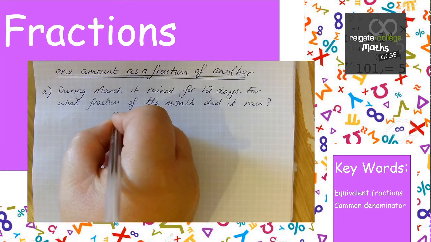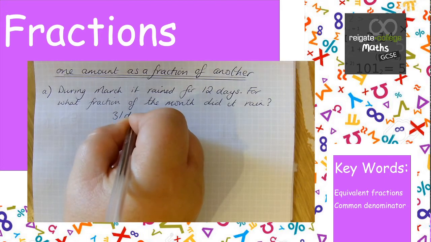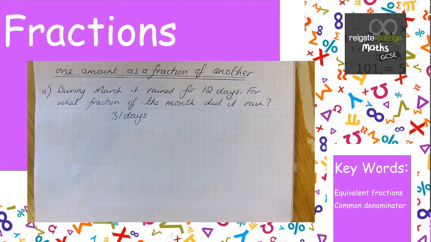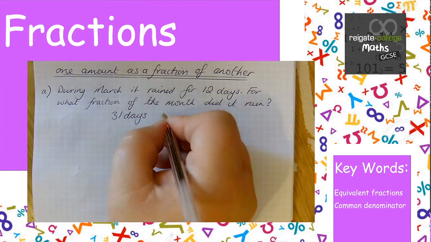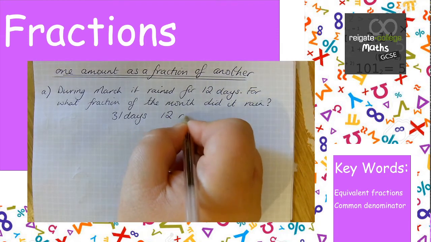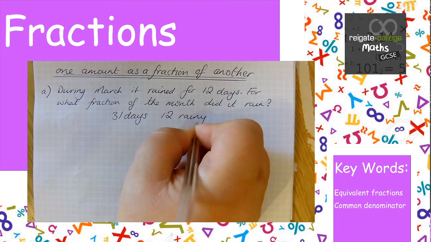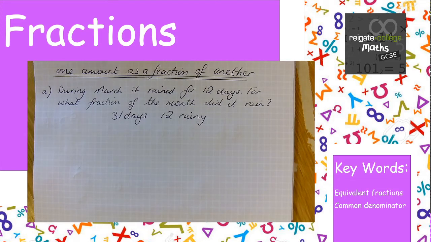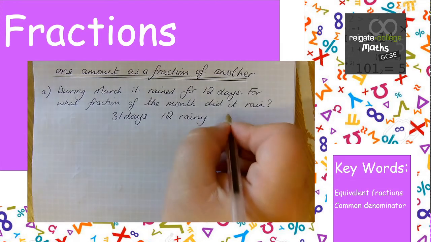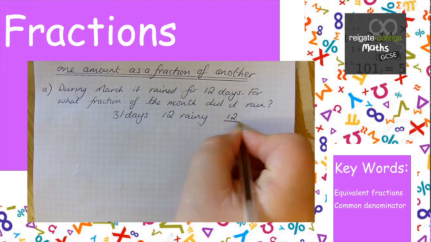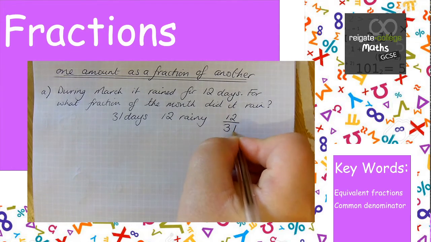That's 31. Of that 31 days, 12 of them were rainy. So the fraction of rainy days is going to be 12 out of 31.